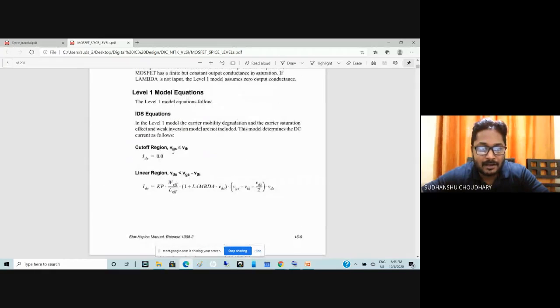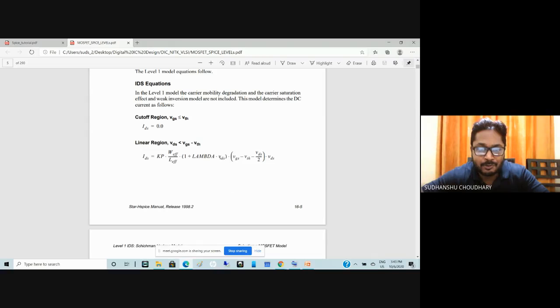Then the level 1 model equation, that is the current equation, which will calculate current, and then finally based on these current values the voltages are calculated. So what are those model equations? Those also have to be provided in the model files. So in the level 1 model, the current is calculated using this formula, the same formula.